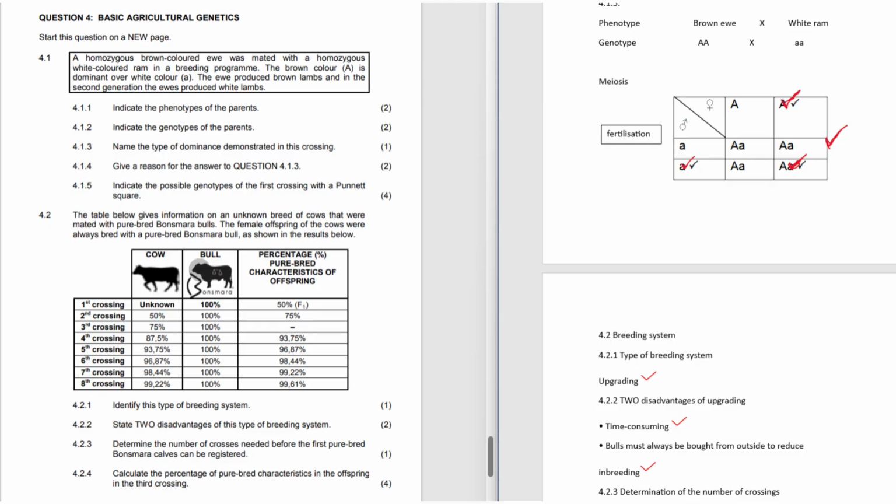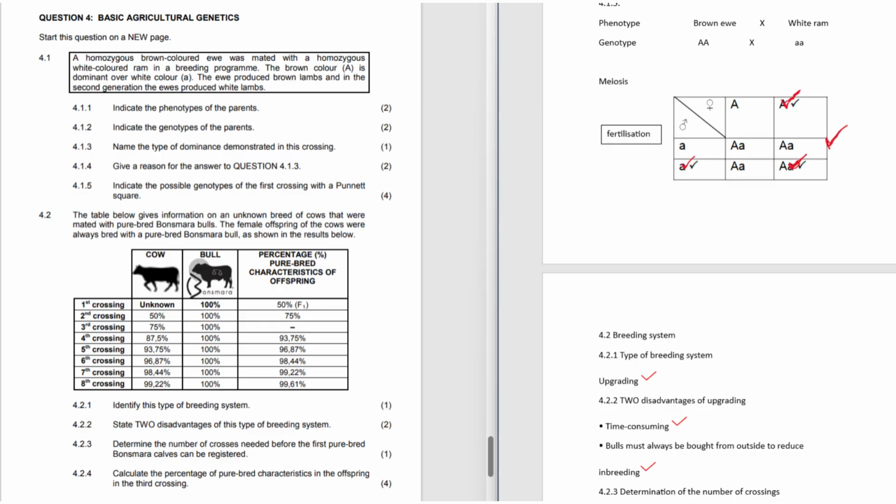Then the phenotype is that they are all brown. That is the phenotype. As you can see, I have 4 capital letter A and small letter a.